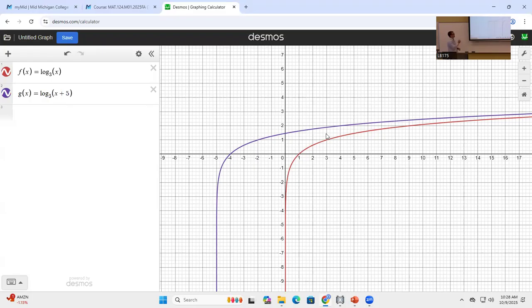But I want to point out that with these logarithmic functions, we're always going to have one x-intercept. It's going to cross the x-axis somewhere. But we're not always going to have a y-intercept.